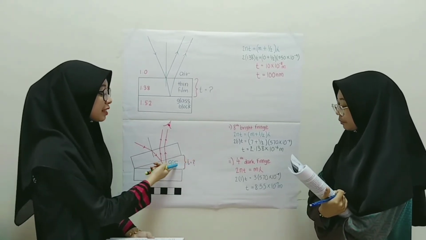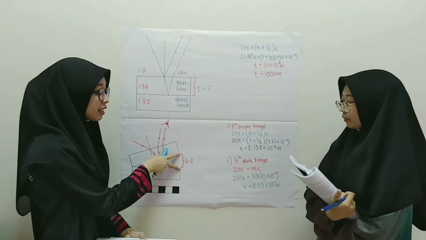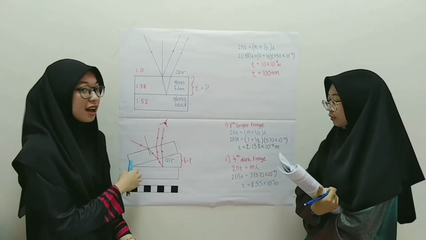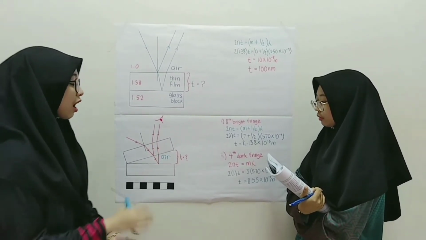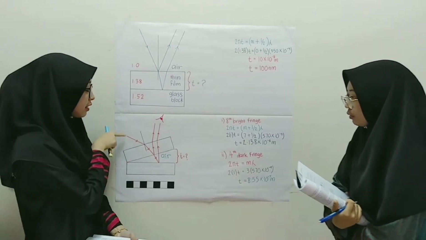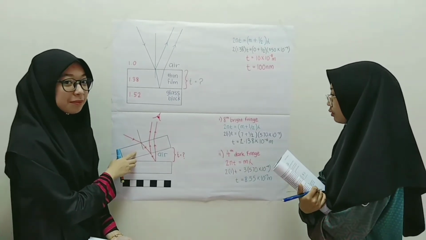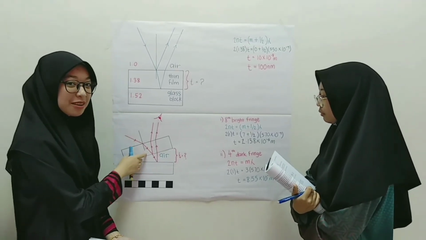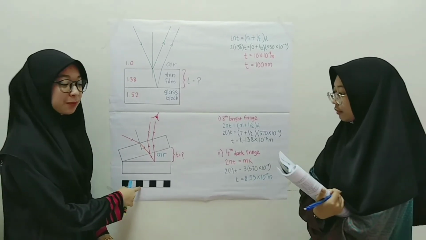When the piece of paper is put in between, the thickness exists. So basically, for this question, they ask us to find the thickness. How to find the thickness? First, the incident ray will enter the medium, and it will be refracted and reflected, producing the black and white fringe.